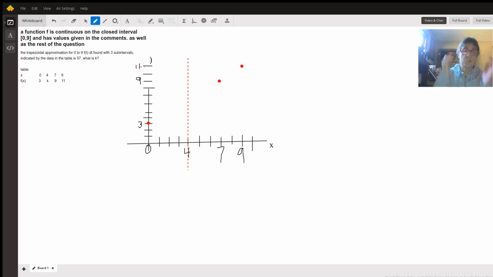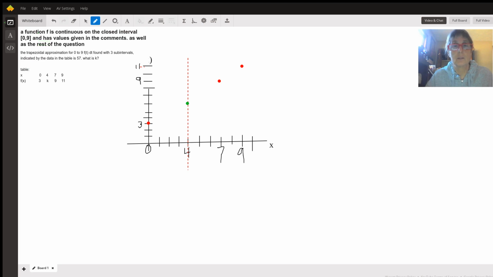So just arbitrarily, because we have to have something, we're going to put the point, which we're going to call k, the k that's in the problem. It has to be at x equals 4, so it's somewhere along this line. So I'm just going to put it here. I don't have any idea what it actually equals, but I need something because now I have to make trapezoids.